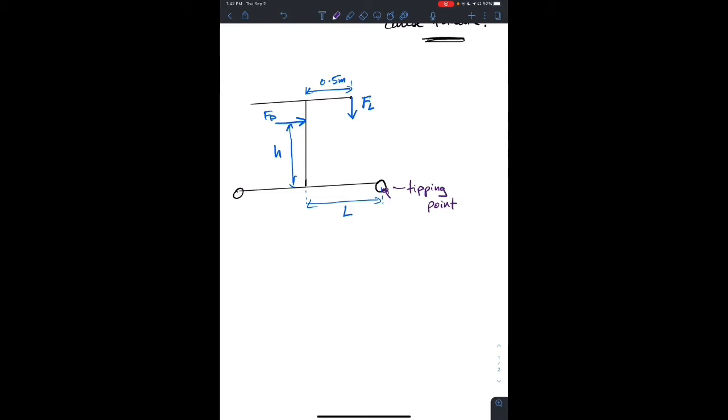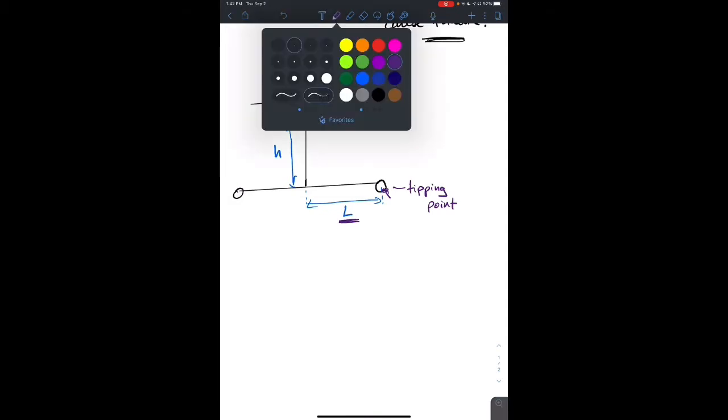If the friction is too high and you're pushing FP, the entire thing might just spill over like that. So we need to determine what is an appropriate distance L such that when we apply the pushing force FP, it will not turn over. So we need to determine FP.